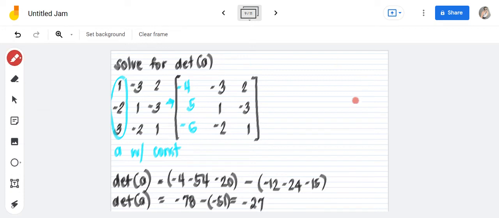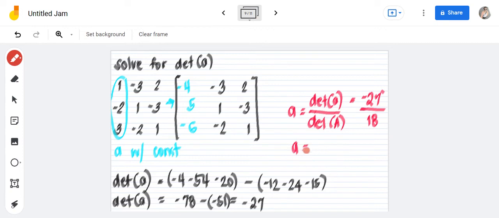Therefore, the value of the unknown A for our given system is the determinant of the matrix, negative 27, divided by the determinant of the coefficient matrix, which we solved as 18. Simplifying, the value of A is equal to negative 3 over 2.